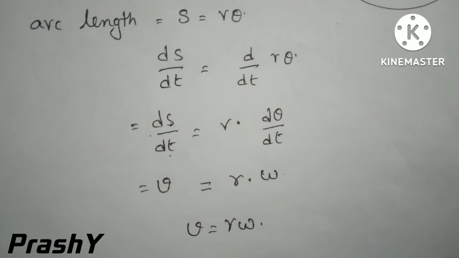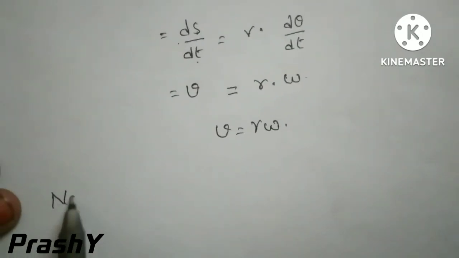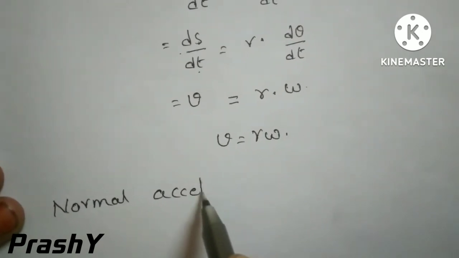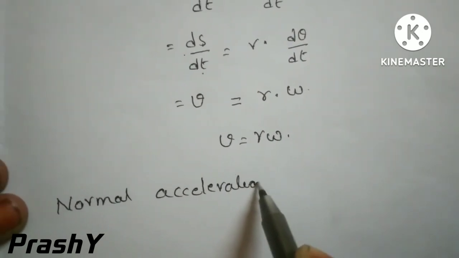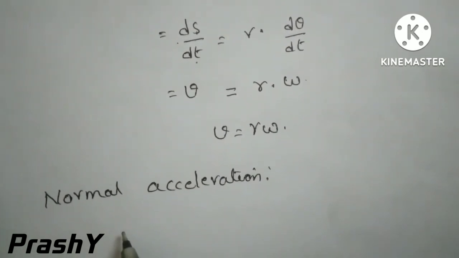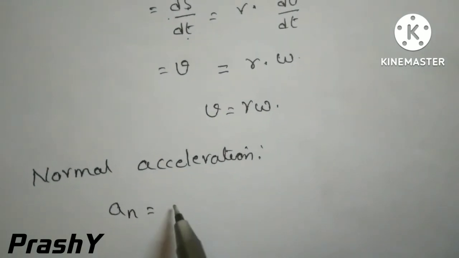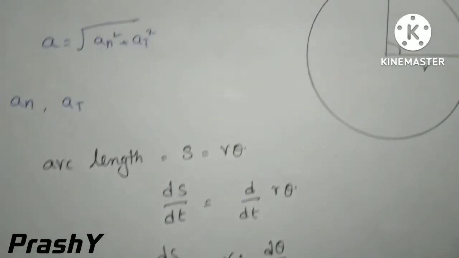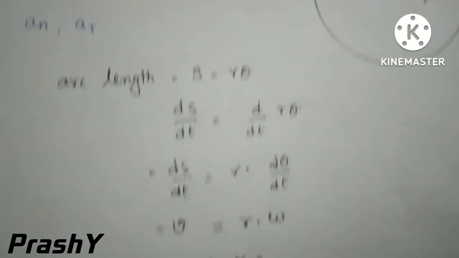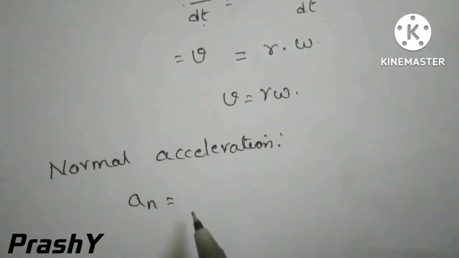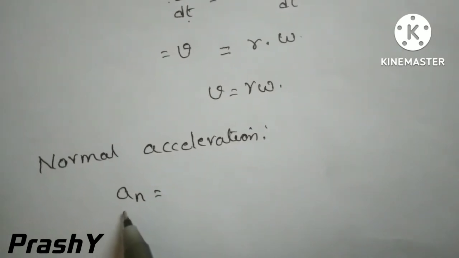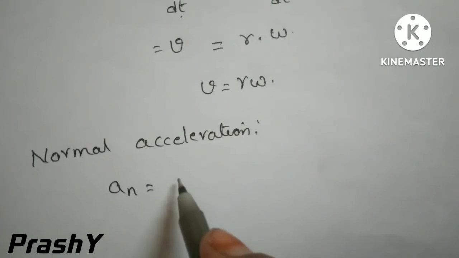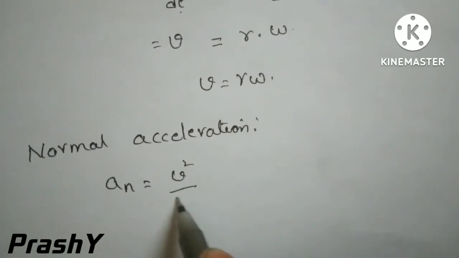Now coming to the normal acceleration, an. We already know that the particle is moving in a circle, so the radial acceleration coincides with the normal acceleration. This normal acceleration will be equal to the centripetal acceleration, that is v square by r.